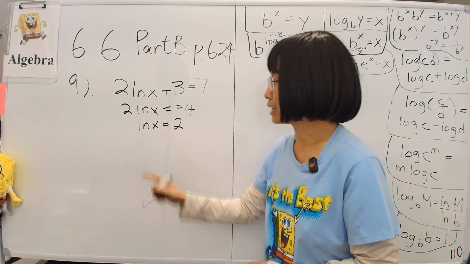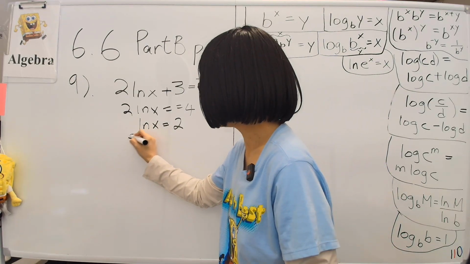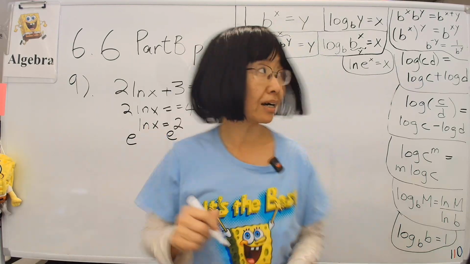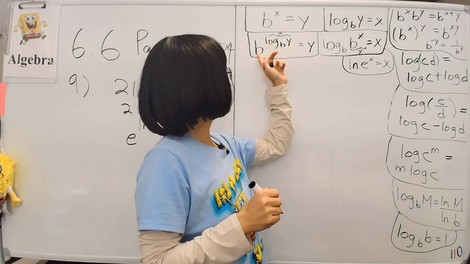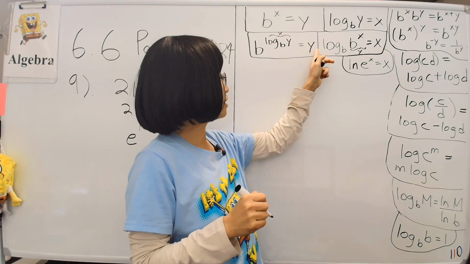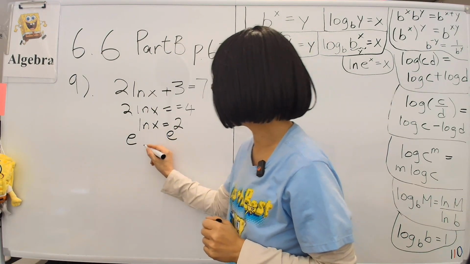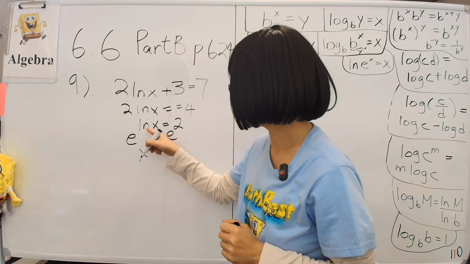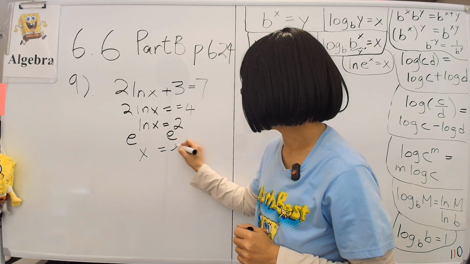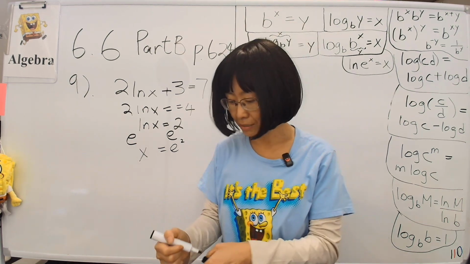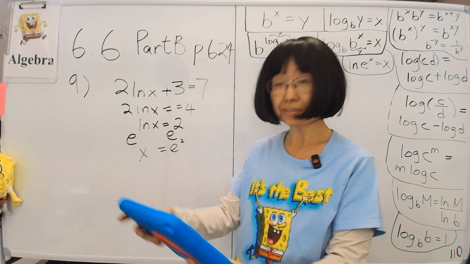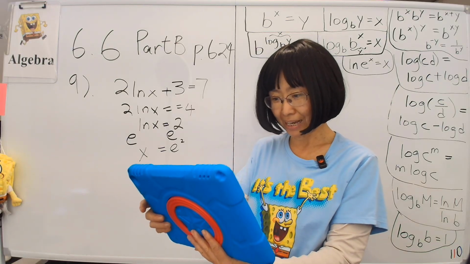To get rid of the natural log, we'll write down an e on the bottom, because the base and the log of the base cancel out each other. It just equals the item itself. So this is equal to x, that is, e to the natural log of x is just x. And this side becomes e to the power 2, so e squared should be the answer for x. And let's check if it's true. Yes, it is. So that's example 9.